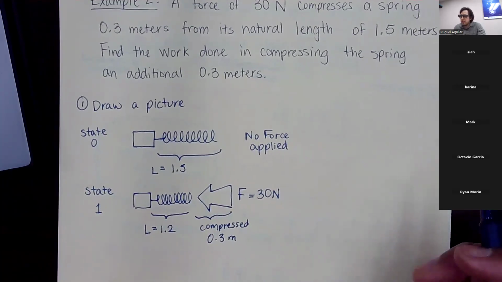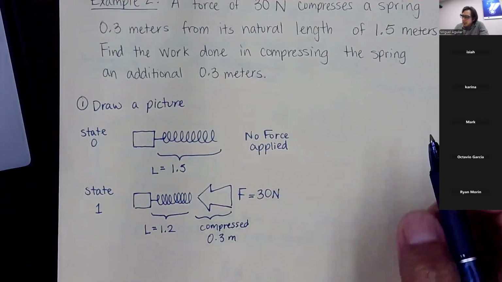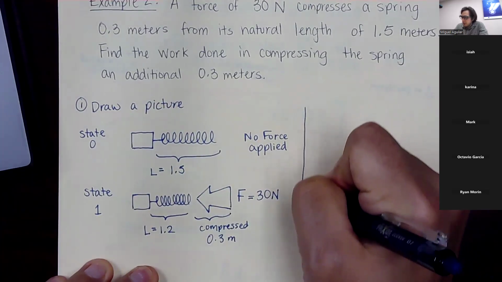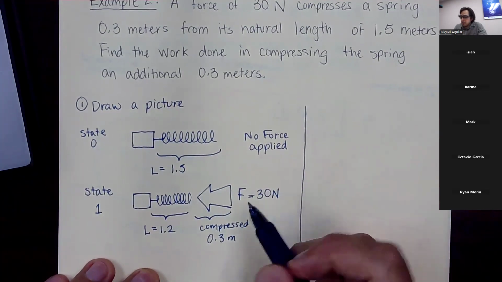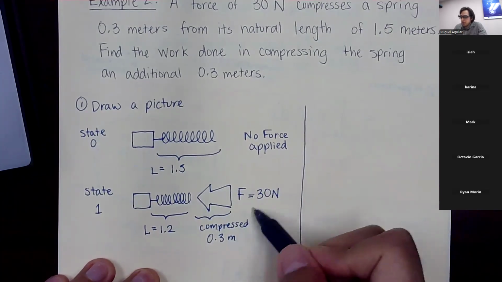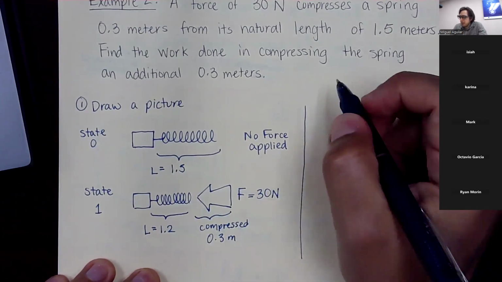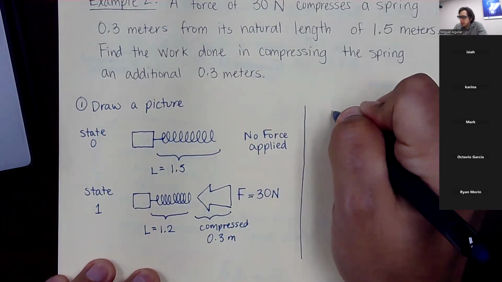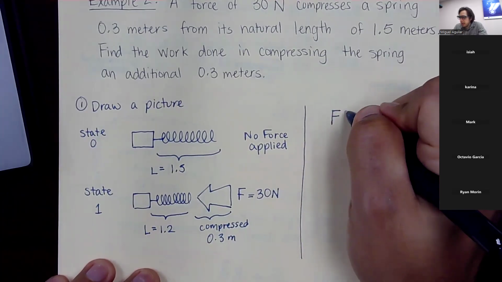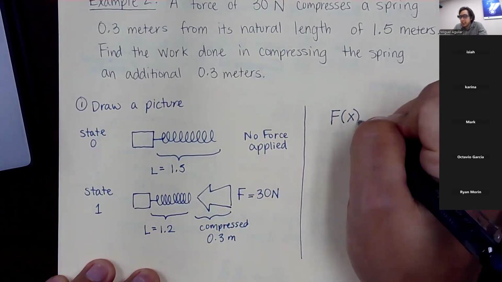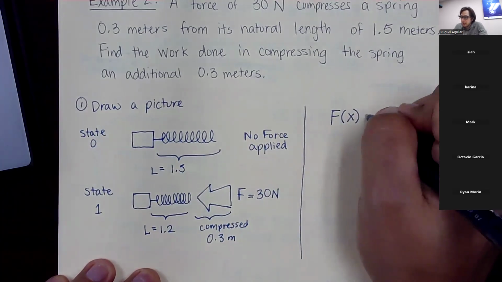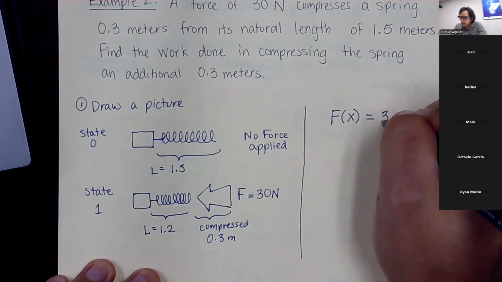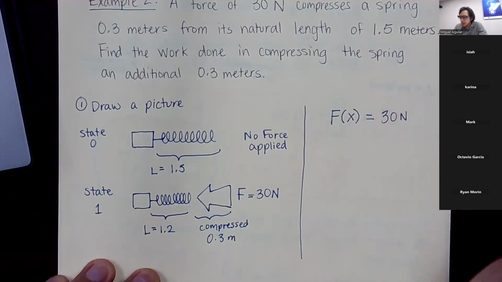Okay. So once we have that situated, just a picture in our head of what's going on, we need to talk more about this force here because we know that we're looking for some force and we need that to be a function of x so that we can integrate it, right? But right now we know that that's equal to 30 newtons, right?